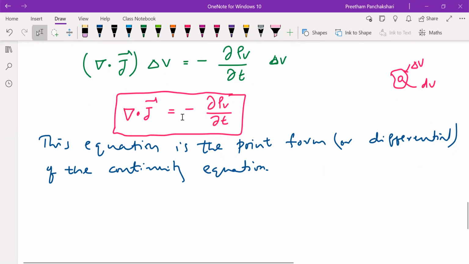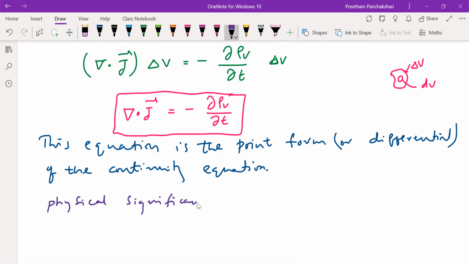Now we can explain this point form of the continuity equation to give a physical interpretation of the continuity equation. The physical significance or interpretation is easily understood using this point form.